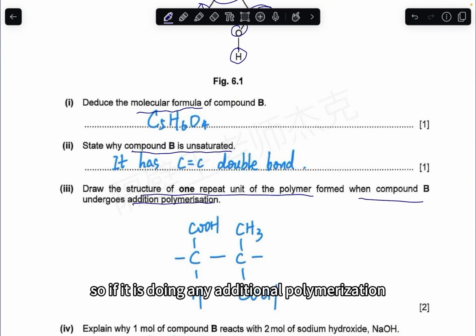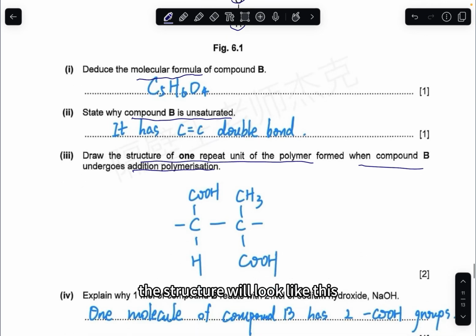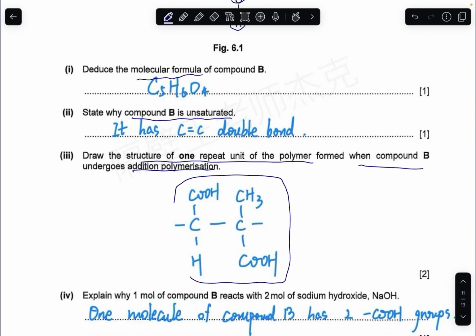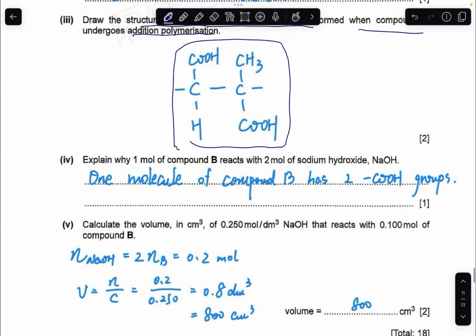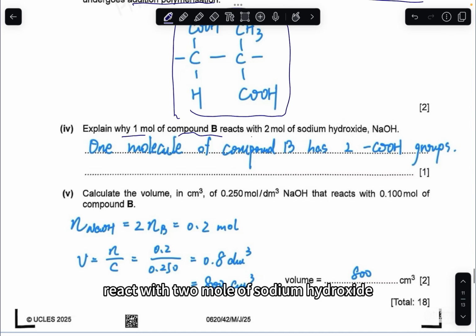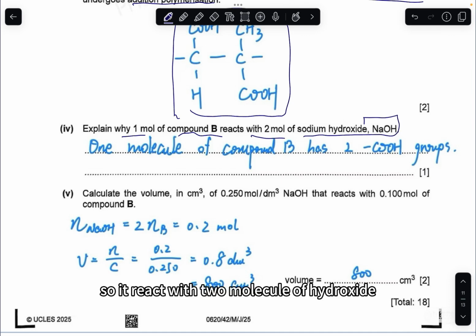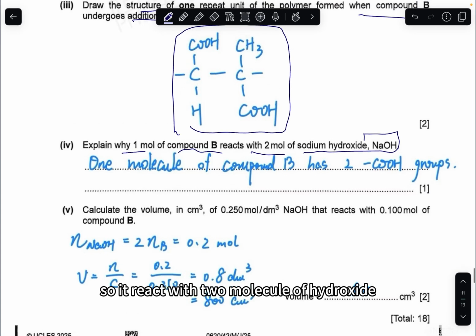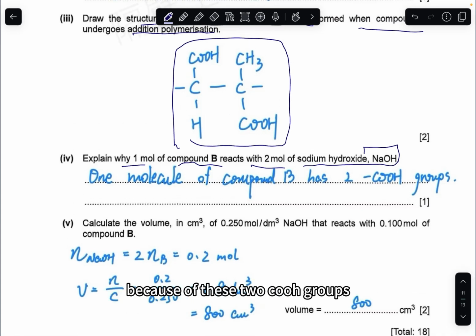If it is doing addition polymerization, the structure will look like this. Next question, explain why 1 mole of compound B reacts with 2 moles of sodium hydroxide. It reacts with 2 moles of hydroxide because of these 2 COOH groups.